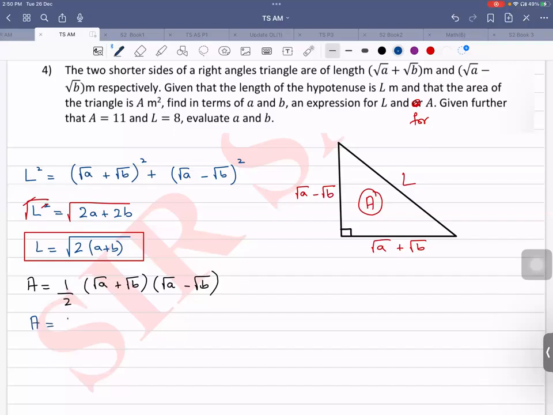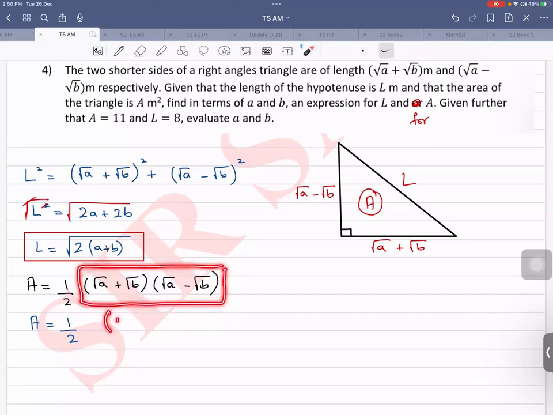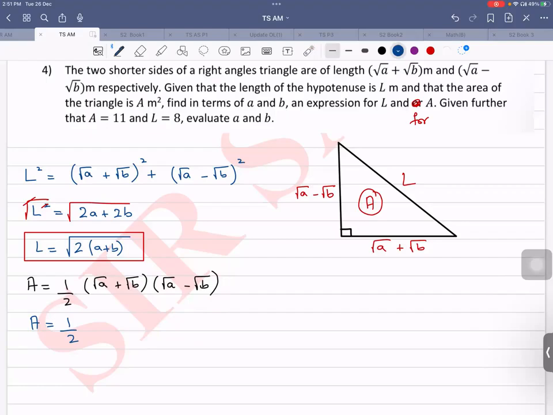Which algebraic identity do I notice over here? A square plus B square, A square minus B square. A square will be A, B square will be B. So now we have the answer for an expression of area as well.